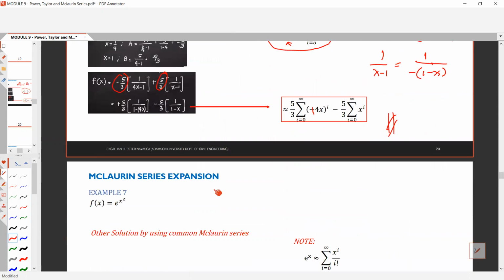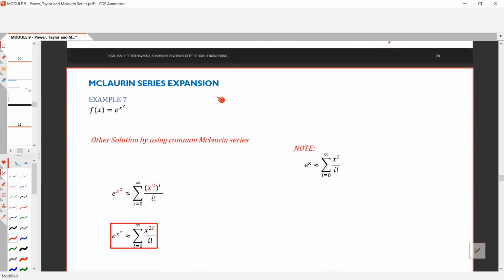Okay? So another problem, another Maclaurin series expansion is, for example, f of x is equals to e raised to x squared. Okay, if you take note that e raised to x is equals to summation of x raised to i over i factorial starting from 0 to infinity. Okay, so simply change mo lang yung x into x squared.